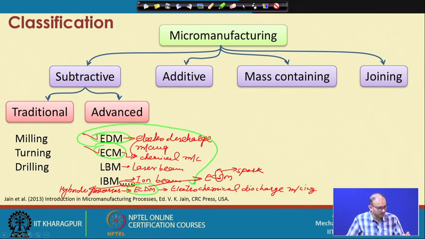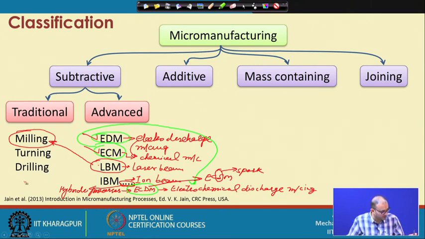Similarly, there are other processes available in combination, where you provide a laser beam and then you do a milling operation. So, what is the advantage of doing this? When you do machining by milling only, you have to pass through very hard material.